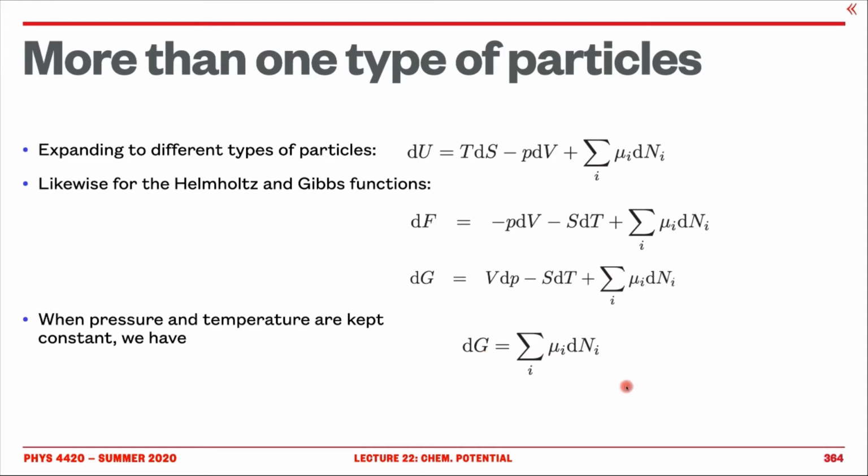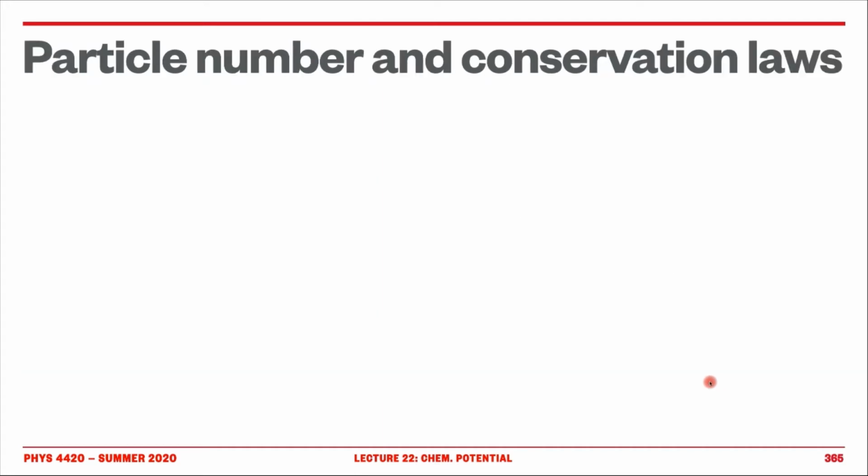So this is what we get. The change in Gibbs function is obtained by looking at all the changes in the number of particles for all the different types of particle we're considering, multiplied by the chemical potential. Of course, this is particularly important for chemical reactions, but it's also important for other types of problem.